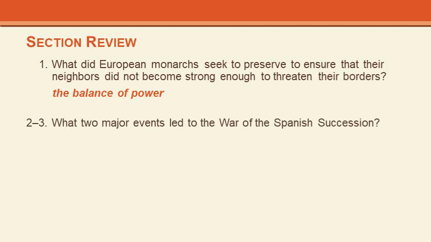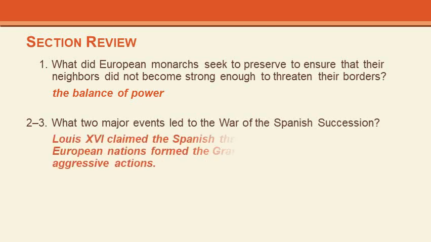Two major events led to the War of Spanish Succession. And again, think of the term succession. So first of all, you had somebody who was trying to succeed, and then you had these other countries joining to stop that.